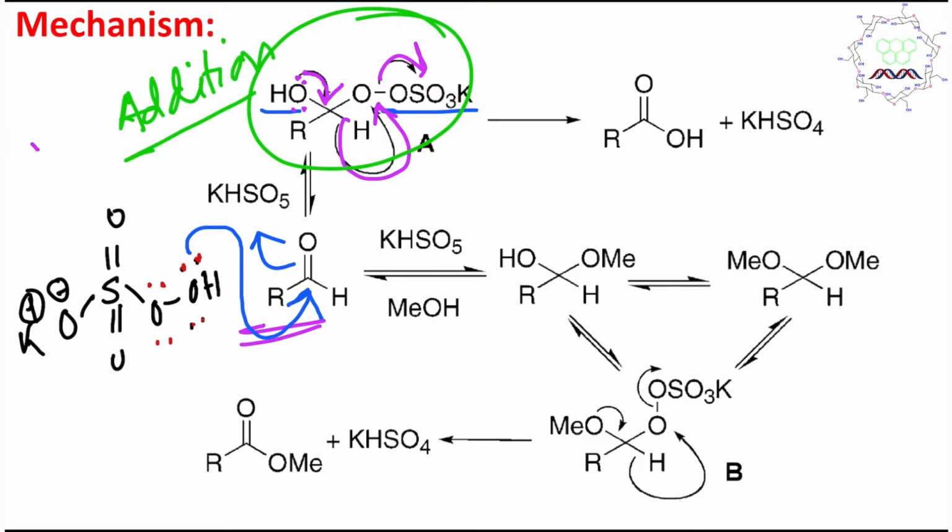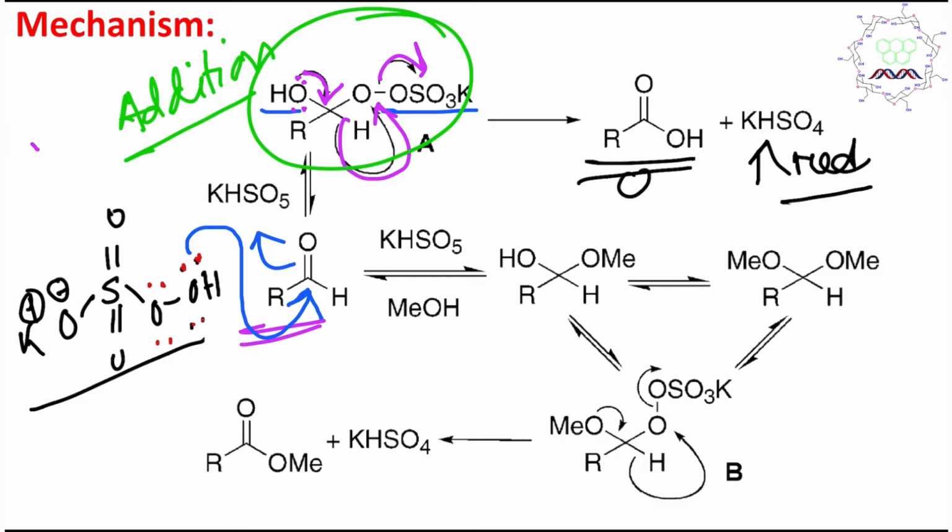But in this case, the aldehyde got oxidized. This part is oxidized, and this part, the peroxymonosulfuric acid, got reduced. So you should understand this part a little carefully, in which step and why this happened, because of this hydride migration. Now this is in the presence of DMF, as I told some time before.